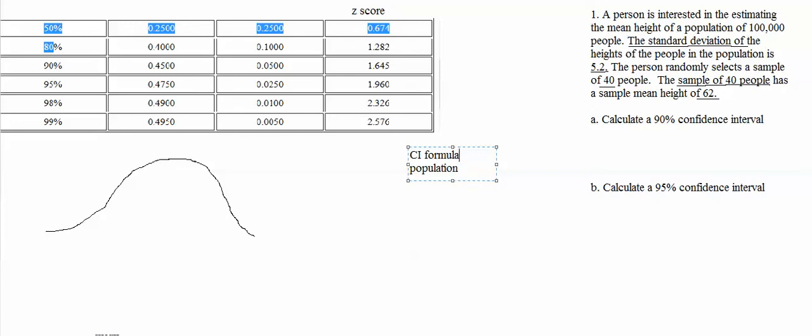So it's actually the confidence interval formula for a mean when the population standard deviation is known, because here I'm saying that we know what it is. And this is the formula.